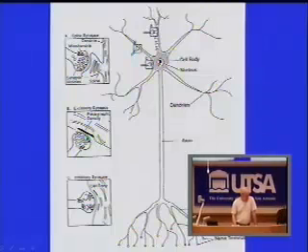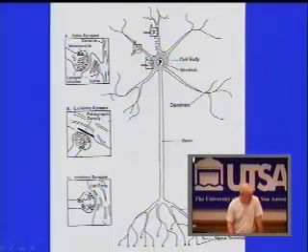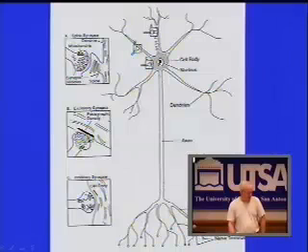The excitatory synapses having the circular, definitely not the oblong, elongated type of vesicles, and a distinctive postsynaptic density. It's actually within this postsynaptic density that many of the glutamate receptors are embedded and contributing along with other proteins to this density. So there's distinctions between excitatory and inhibitory at the structure level.